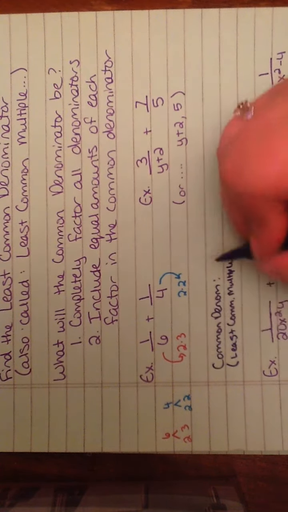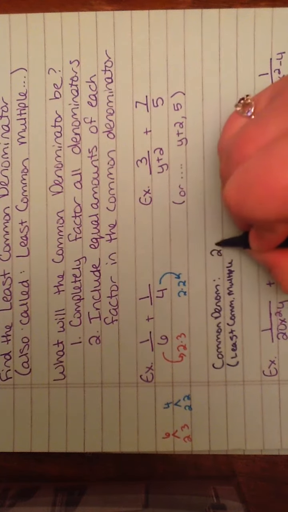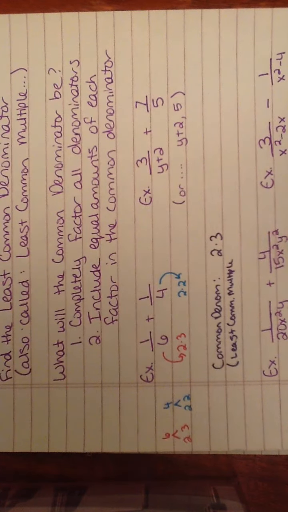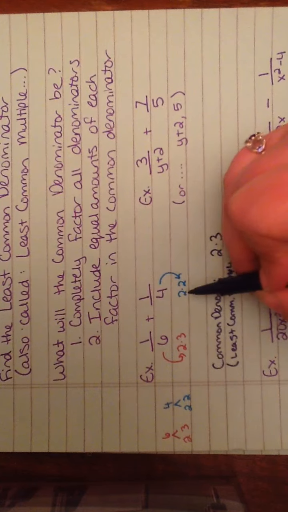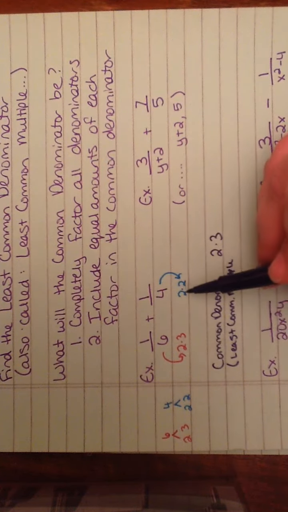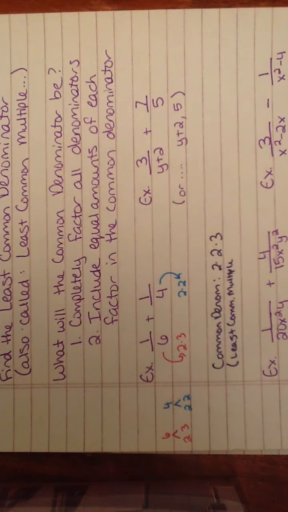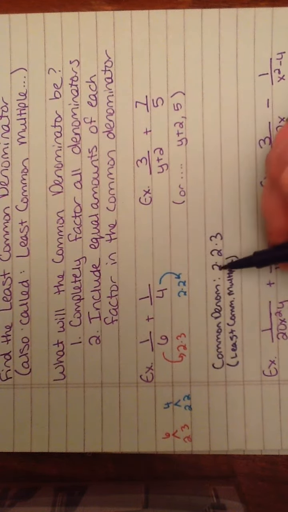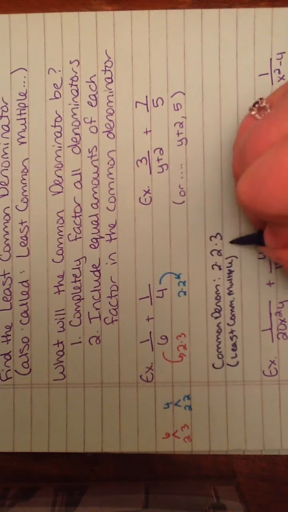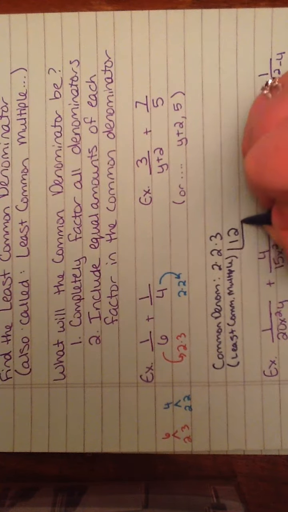So this factor has a 2 and a 3. This factor over here has a 2 and a 2. So I need 2 2's in my common denominator. I only have 1, so I need another one. Okay, so my common denominator is 2 times 2 times 3, or 12.